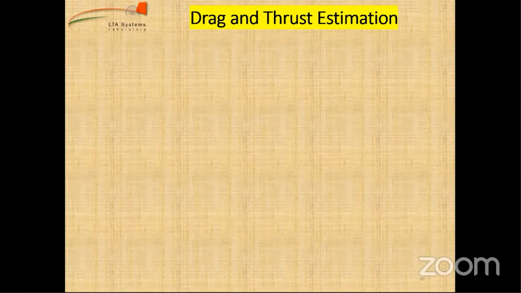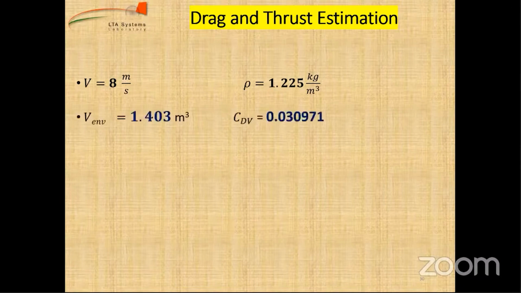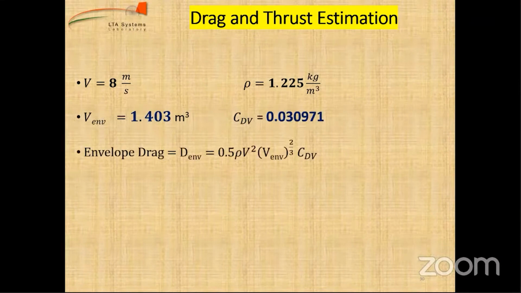CD upon half rho V square A, that is CD upon Q. So we know velocity, we know density, we know envelope volume, we know CDV now. Remember, it is not area drag coefficient, it is volumetric drag coefficient. So drag will be half rho V square, dynamic pressure, into volume power 2 by 3 into CDV.